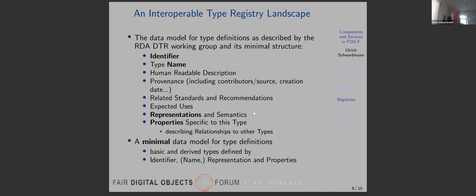Those are quite interesting because the representation and semantics chapter is essentially used to describe the hierarchy between types. The representation describes which kind of substructure is there, whether it's an object, an array, a set-wise conglomeration, and so on. And the properties are then used to describe the depending types in this case.